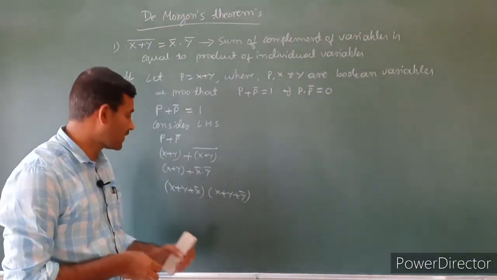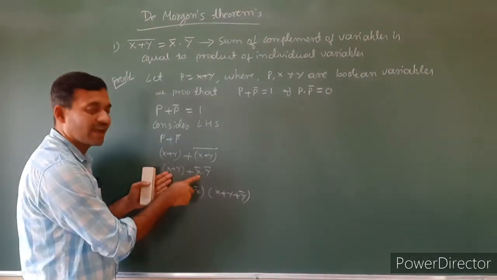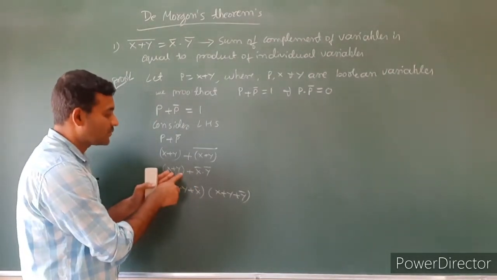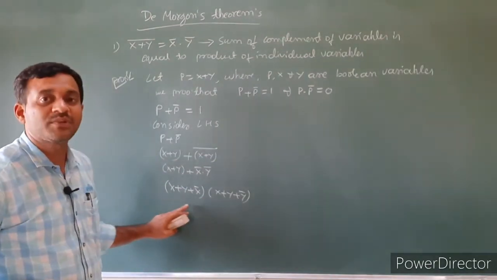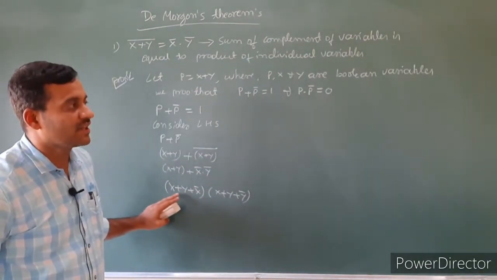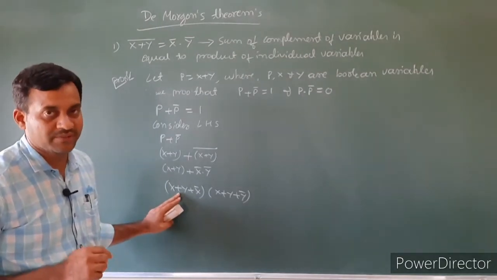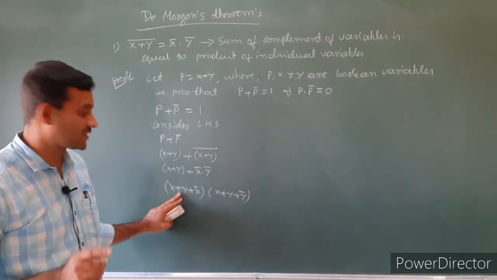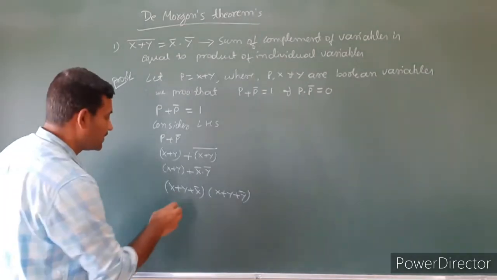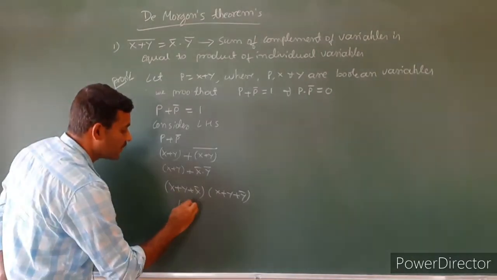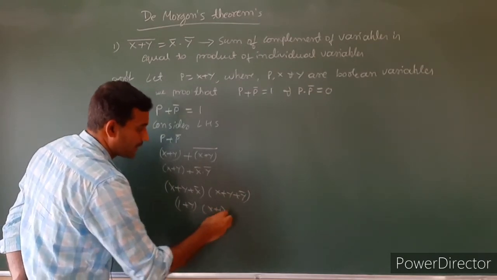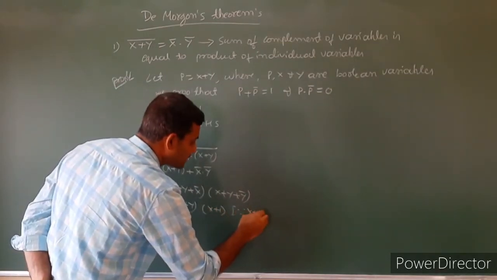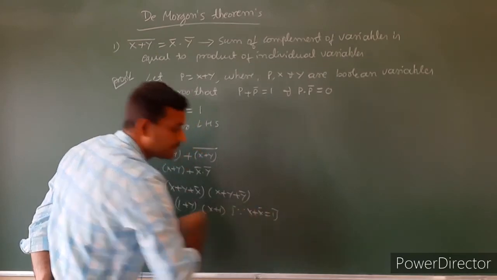How to distribute x plus yz? x plus x bar is the first term, x plus y bar is the second term. Already we know the value of x plus x bar: in the complementarity law, x plus x bar is equal to 1. Replace x plus x bar by 1, and y plus y bar by 1. Why is it so? Because x plus x bar is equal to 1.